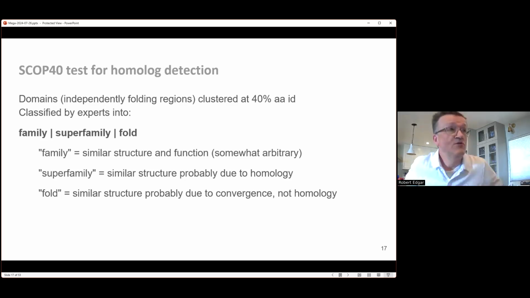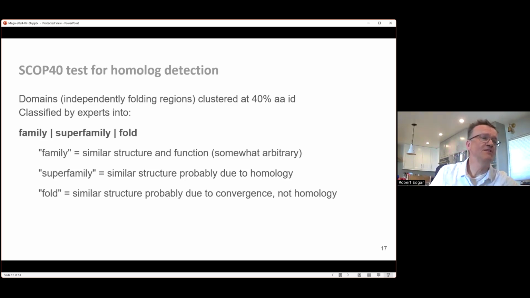But anyways, to make this test, you cluster domains at 40% amino acid identity. And then they're classified by, I'm not exactly sure how they do this, but let's just say it's an expert classification with essentially three sort of levels. Family level means that you have similar structure and function, and, well, that's a somewhat arbitrary category, but useful.